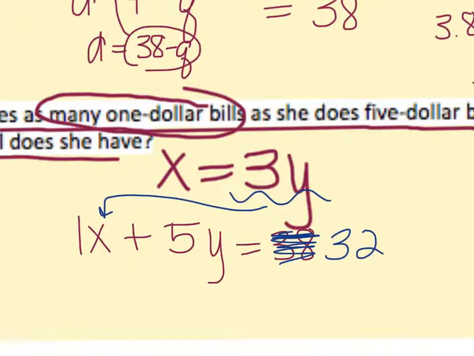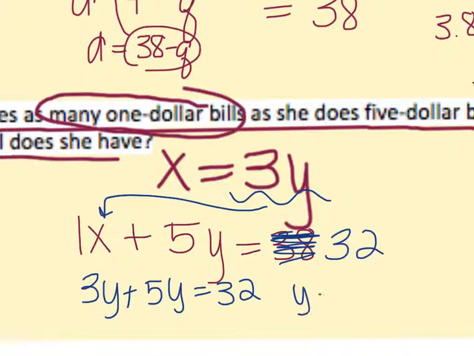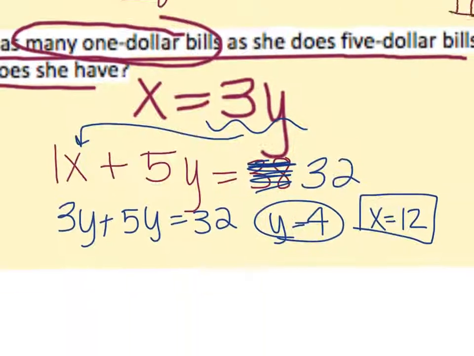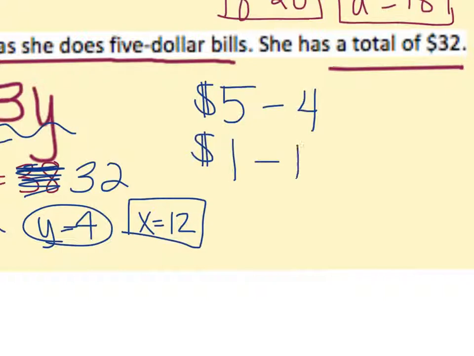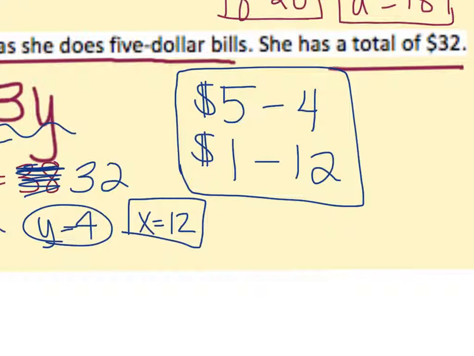So we have 3y plus 5y equals 32. So y will equal 4. And then if I substitute this back in, x will equal 12. So that means she has 4 $5 bills and 12 $1 bills. So go ahead and give Level 2s a shot.